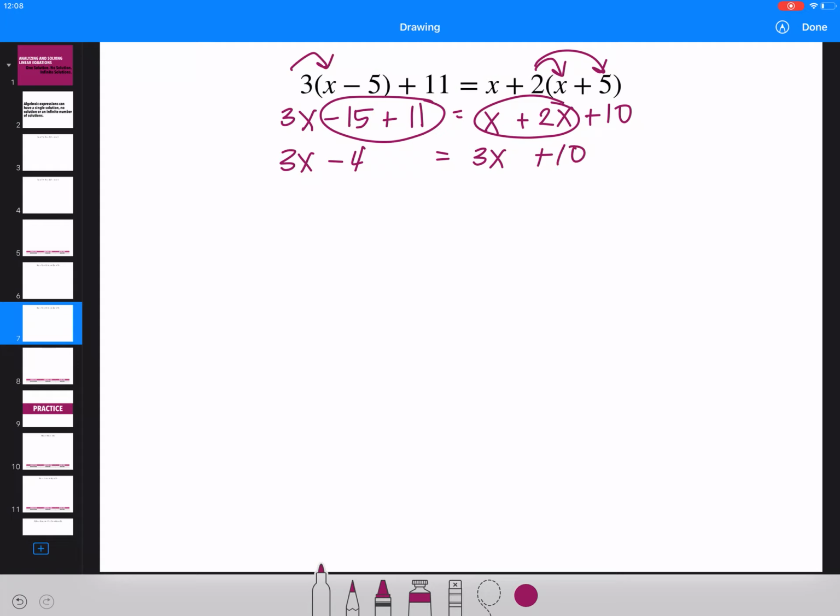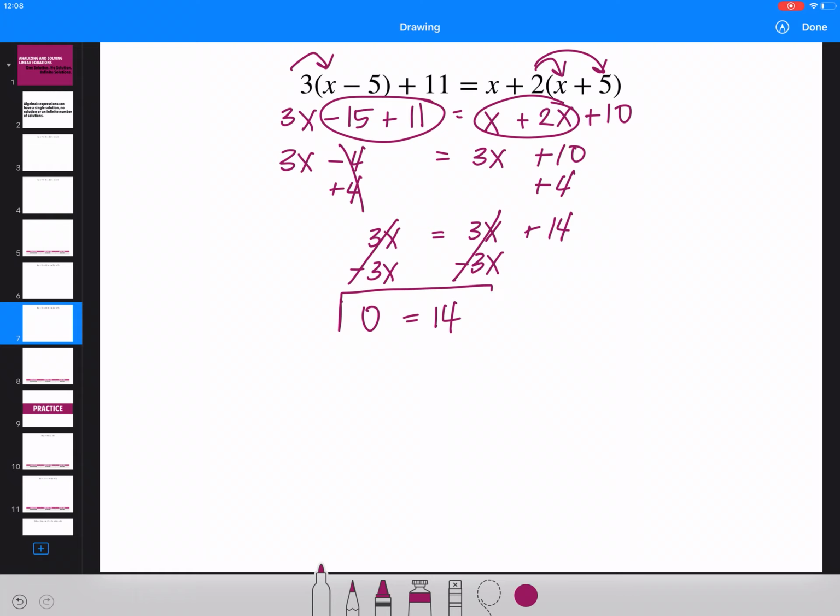And at this step, I'm going to add 4 to both sides. So this cancels out. So I'm left with 3x equals 3x plus 14. And now I'm going to subtract 3x from both sides. And I'm left with 0 equals 14. That is my final equation in this strategy.